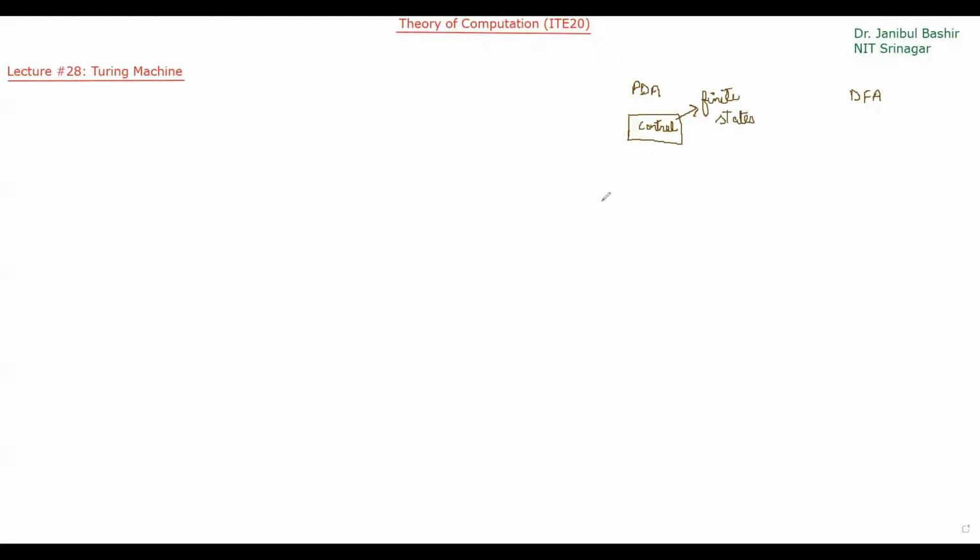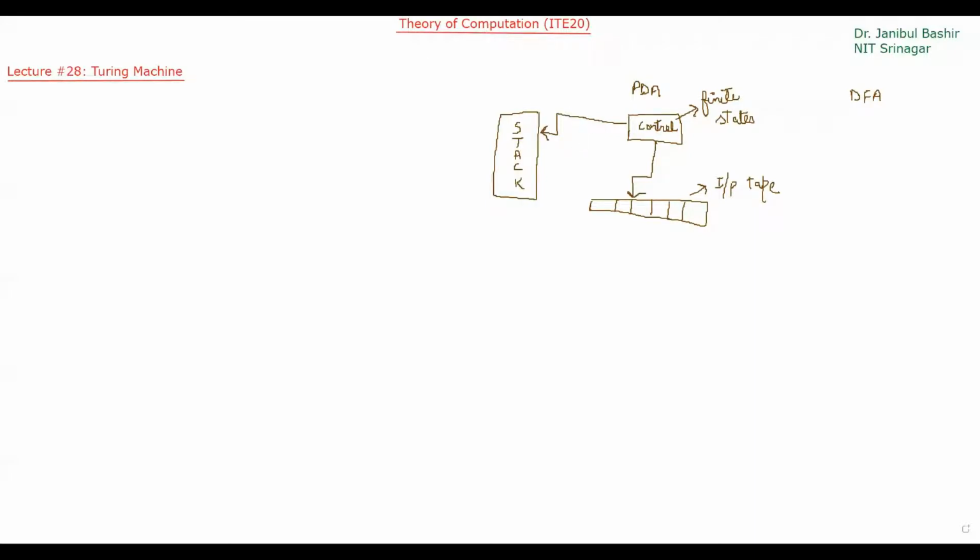In a PDA we have an input tape and a stack memory. The finite control has two heads: one head on the input tape and another pointing to the top of the stack.